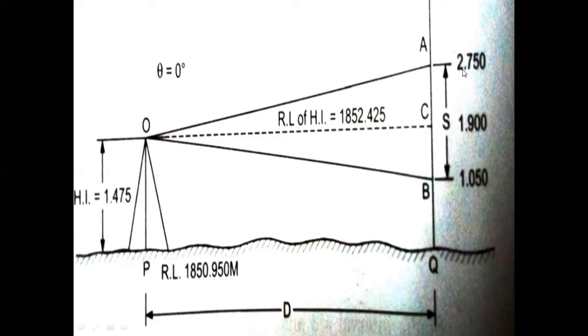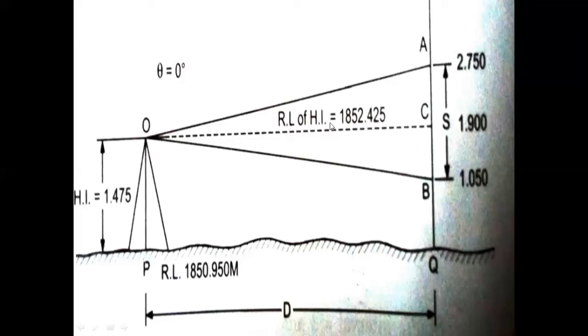The difference between 2.750 minus 1.050 gives the value of S. Therefore, the RL of height of instrument is the RL of P, 1850.950, plus 1.475. The addition of both gives 1852.425 meter. That is the RL of height of instrument.